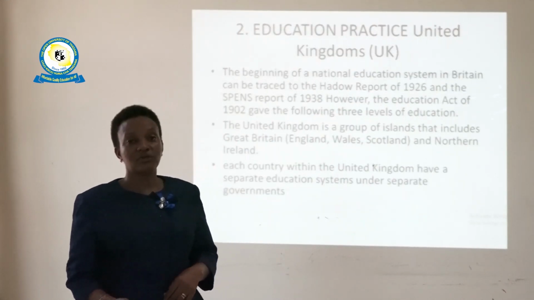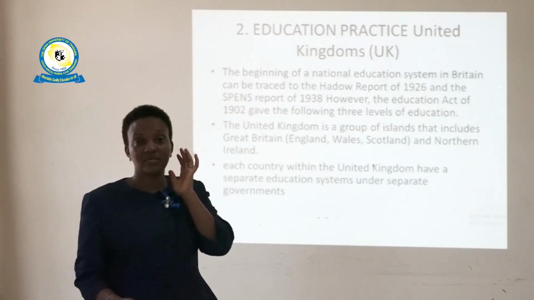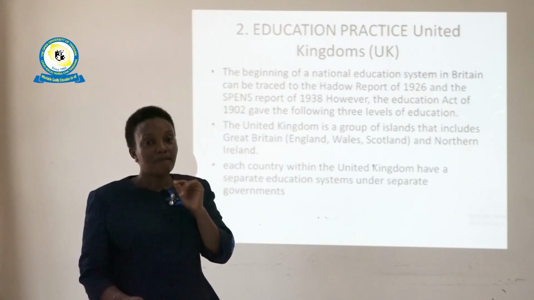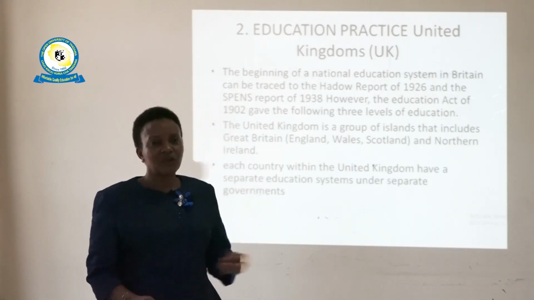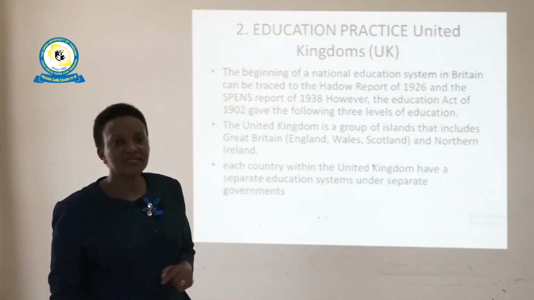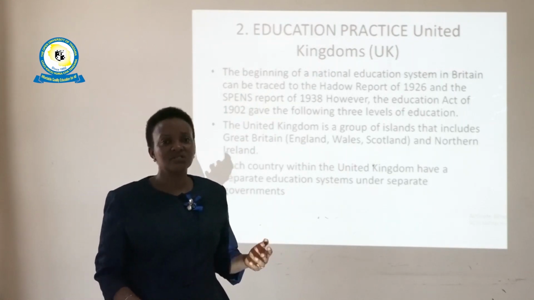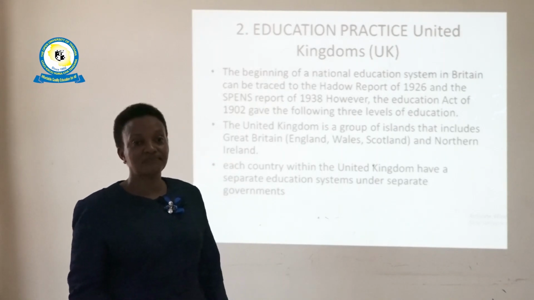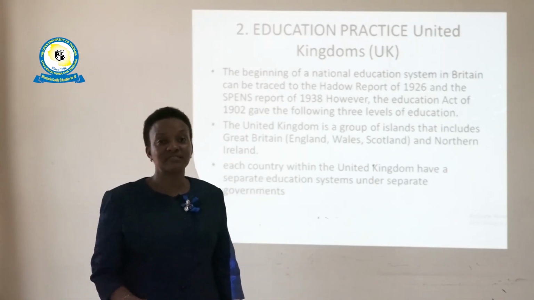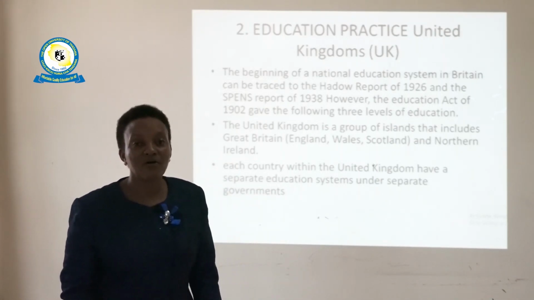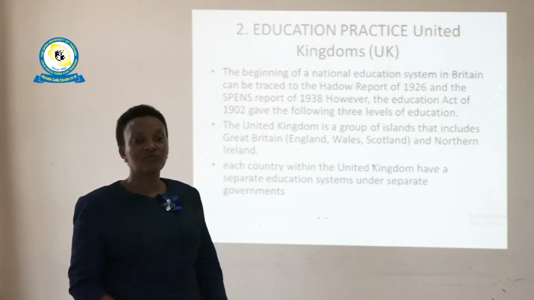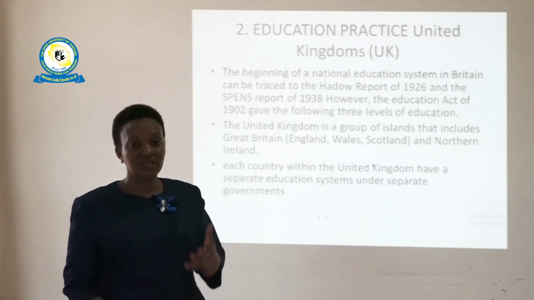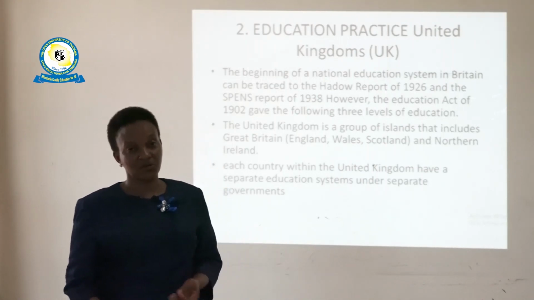Now let us look at the educational practice in the United Kingdom. The development of education in the United Kingdom can be traced to what we call the Hadow Report of 1926 and the Spens Report of 1938. However, the Education Act of 1902 gave the following 3 levels of education in the United Kingdom.